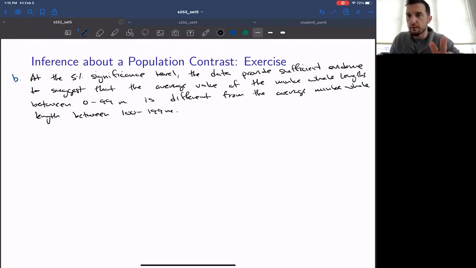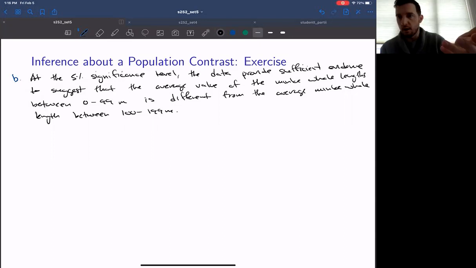The alternative was that the average length of whales between 0 and 99 is different from the average length of whales between 100 and 199, which in terms of our population means was (mu1 + mu2)/2 = (mu3 + mu4)/2 versus the alternative that those quantities are different.